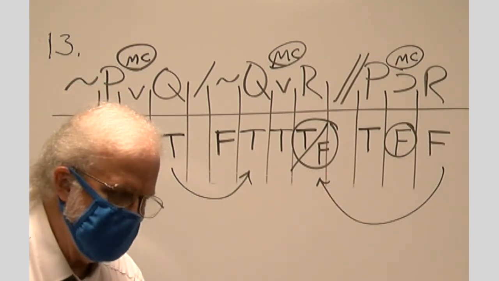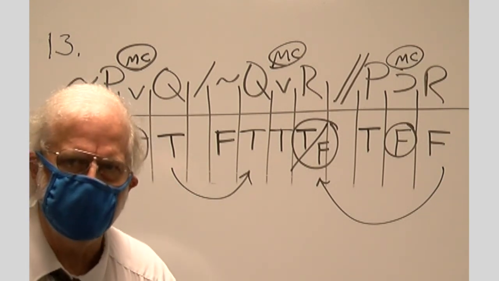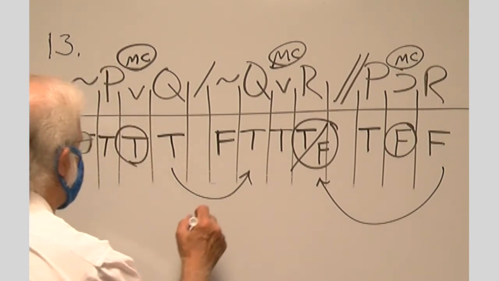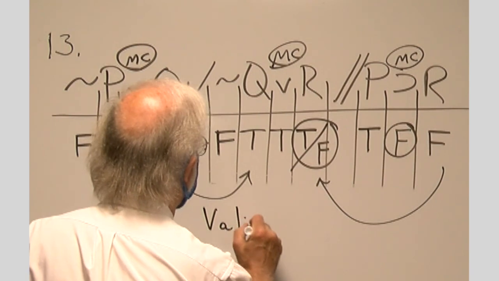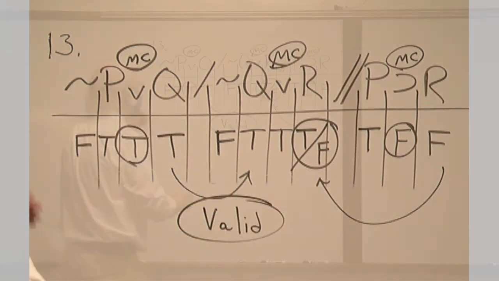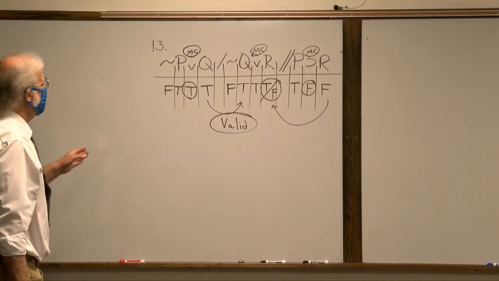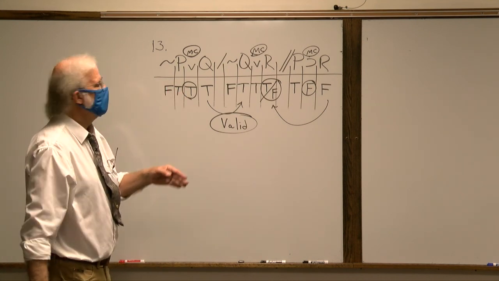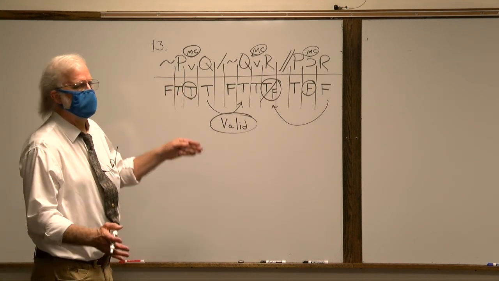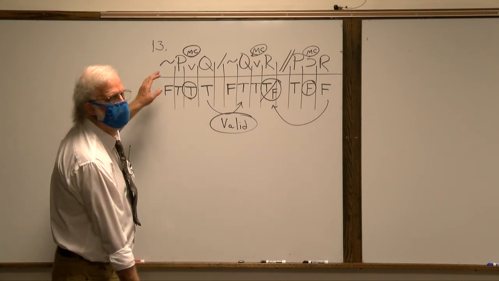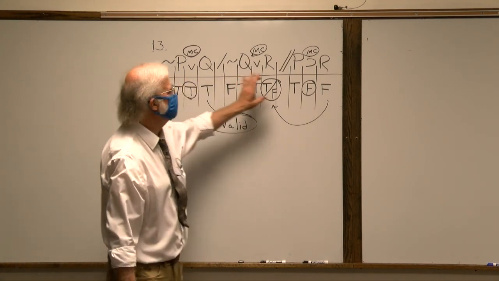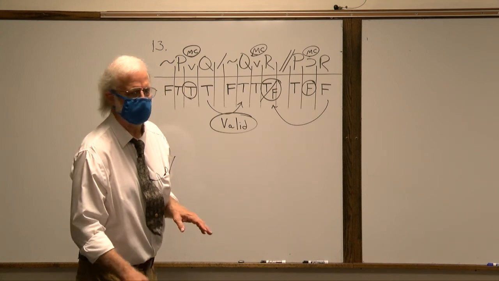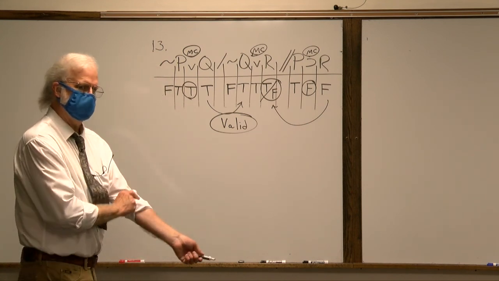I cannot prove that it's invalid, so I've indirectly proved that it's valid. And by the way, since we've got 3 letters now, we are going from a truth table that would be quite large to just a teeny tiny, elegant, beautiful, quick little solution.